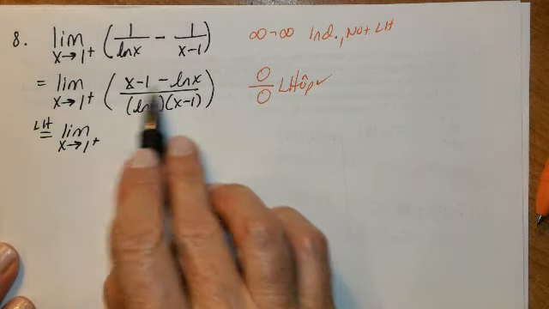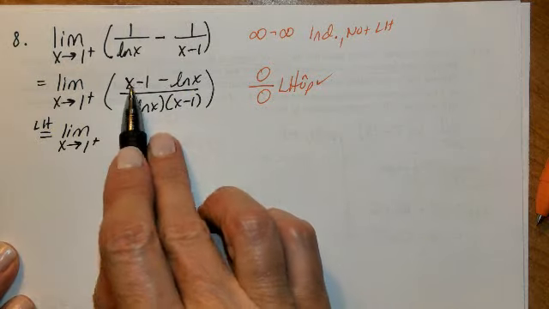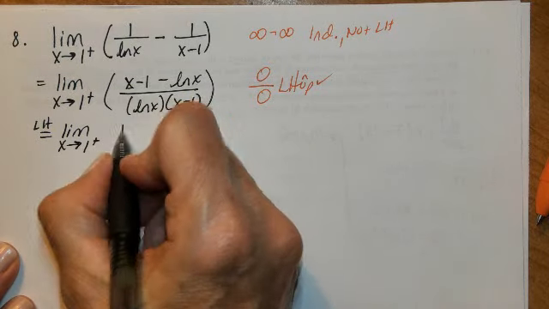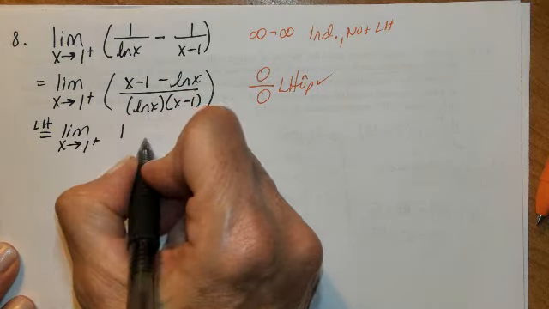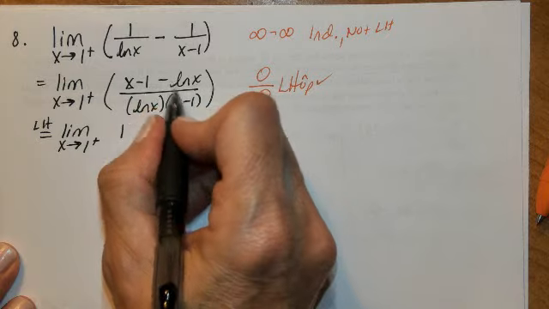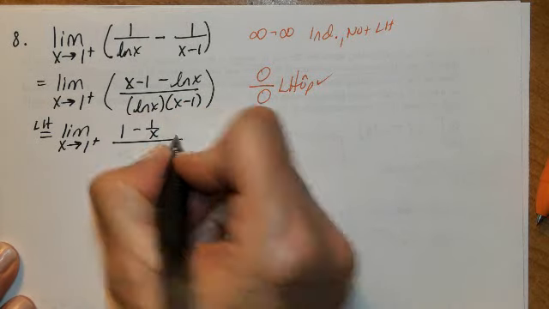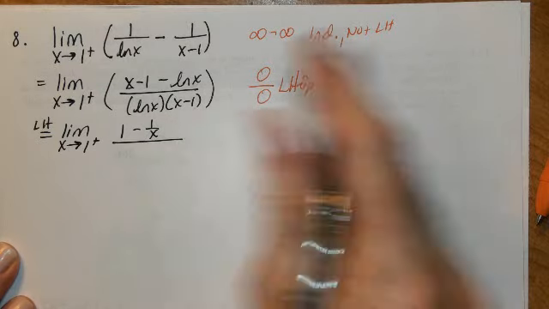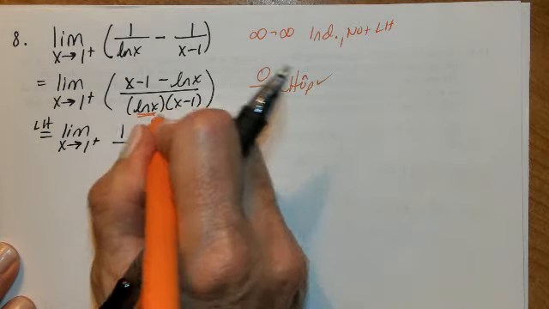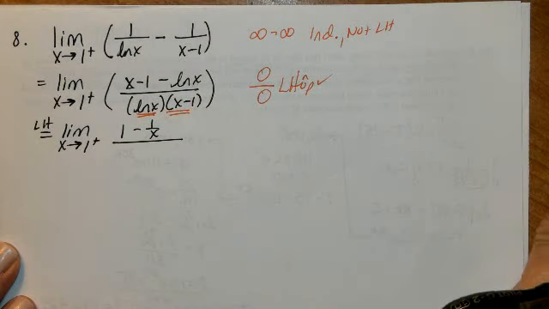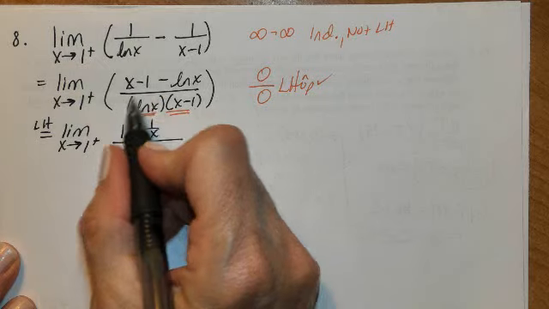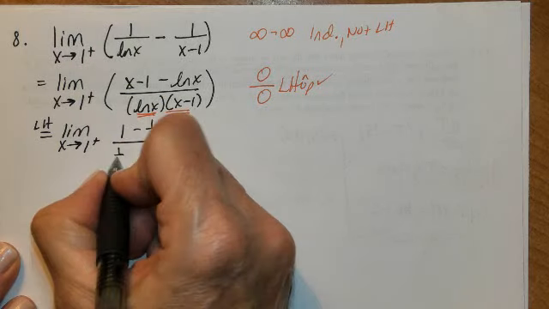Okay, derivative of the top. The derivative of x is 1. The derivative of negative 1 is 0. The derivative of ln x is 1 over x. Now in the bottom we need to be careful because we have to use the product rule. This is a product, right? Product rule. So the derivative of ln x is 1 over x.